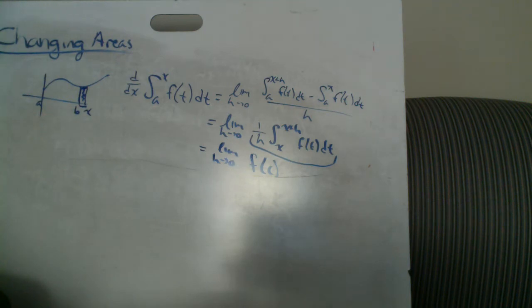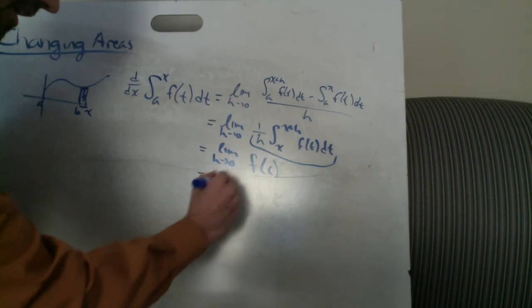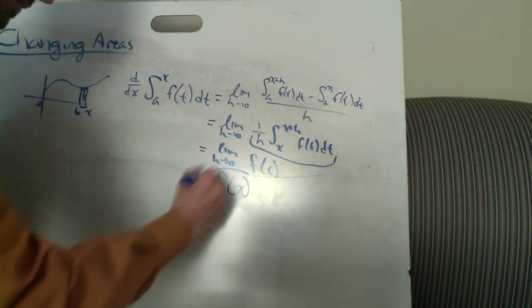I don't know what c is, but that's okay. It's just some value in that interval. And here comes the real exciting part. If c is between x and x plus h, but h is going to 0, c is getting trapped. c has no choice. c is heading towards x. This has to be f of x.